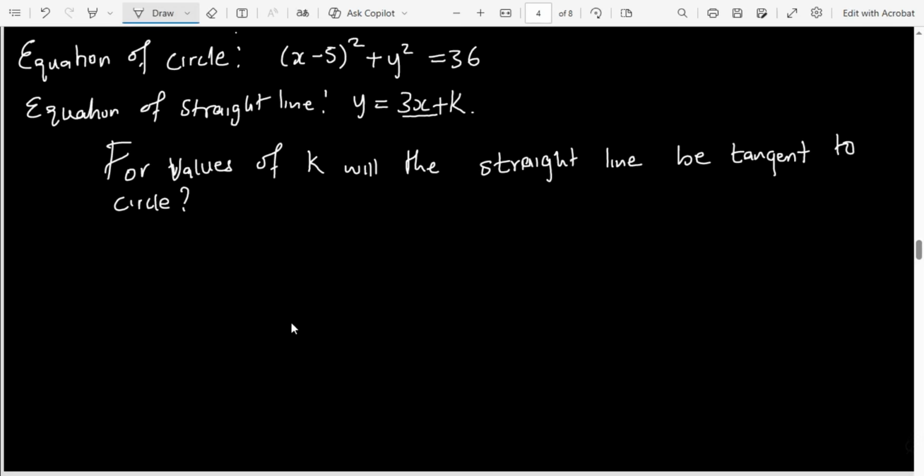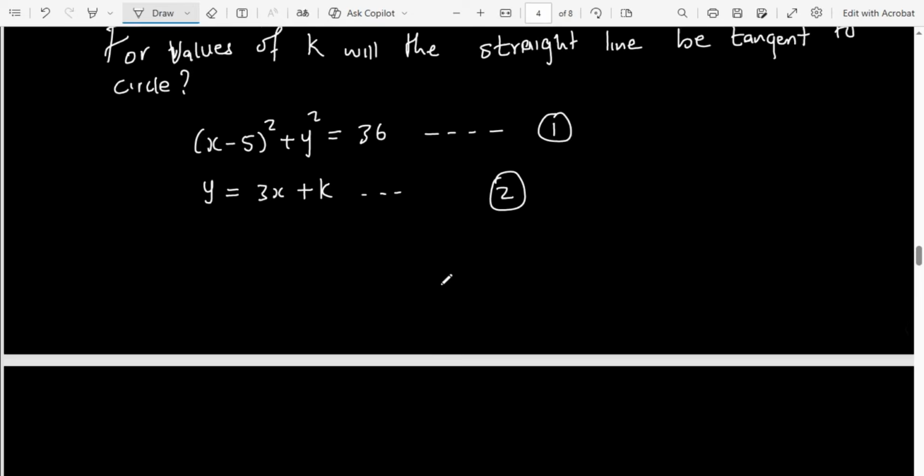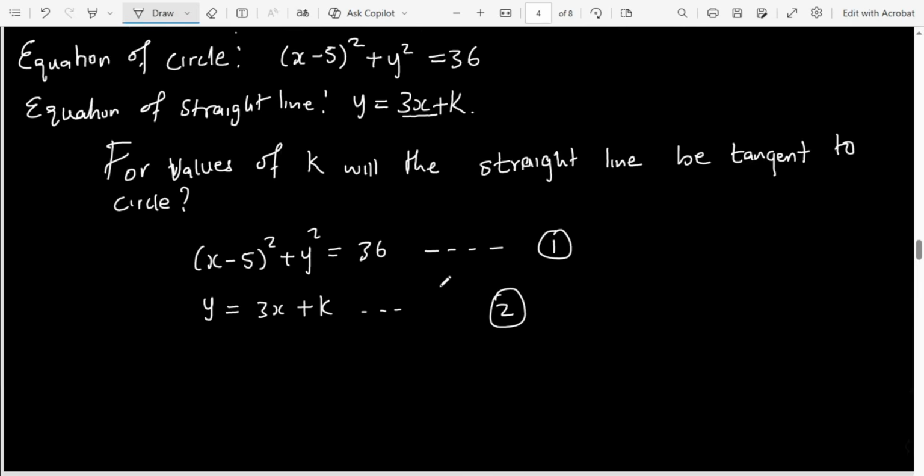But remember, we are given two equations, and the first one is (x minus 5) squared plus y squared equals 36. Let's call this equation 1, and then y equals 3x plus k, let's call this equation 2. So I can solve this via simultaneous equations, because already I know what my y is.